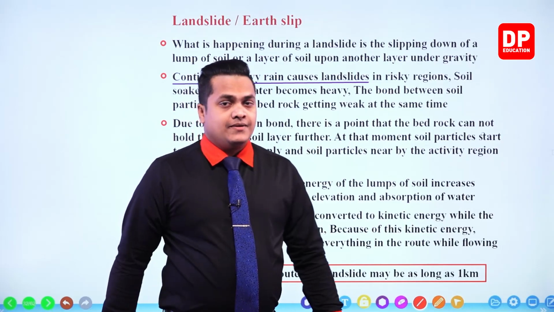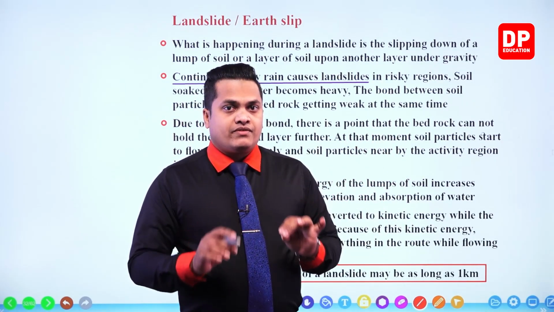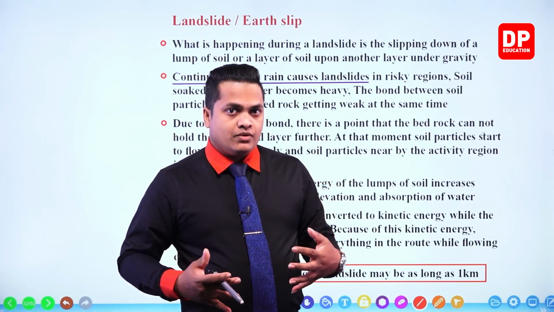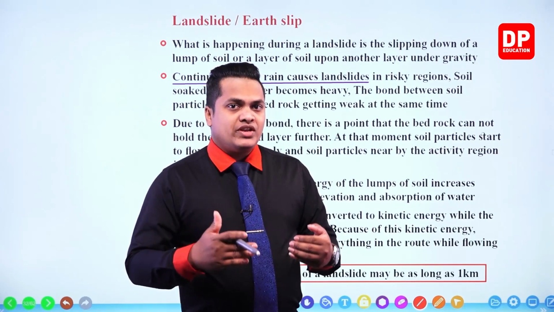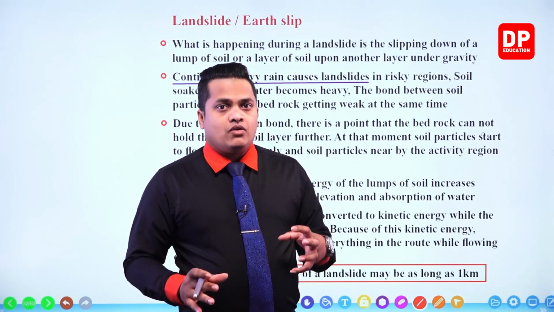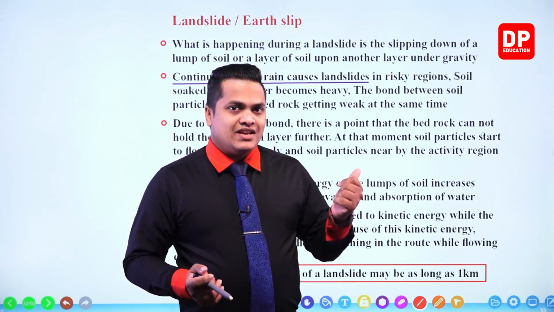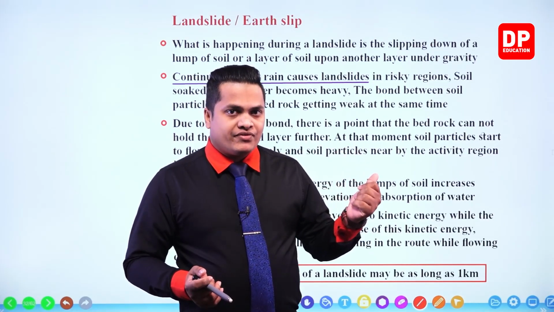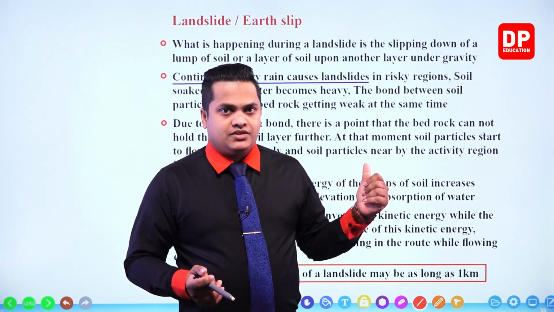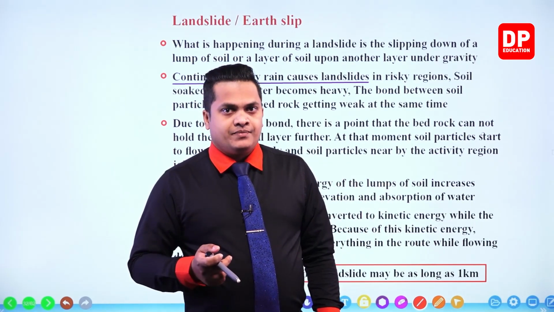So like I said, when these three factors are complete, the soil layer will tend to move down. As it is gradually moving down, my dear children, the speed of the soil layers is also going to increase. It's mainly because the potential energy at the top of the cliff, or at the top of the elevation point, is gradually getting converted into kinetic energy.